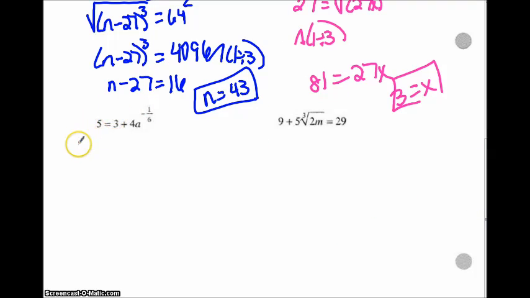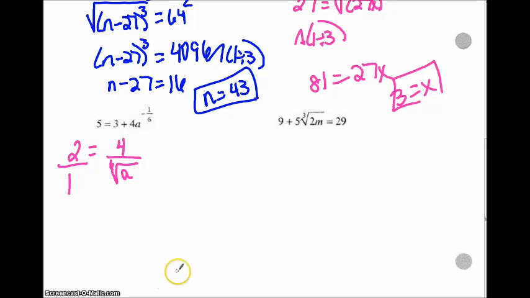I would move my 3, so 5 minus 3 is 2, is equal to, 4 does not hold that. Okay, 4, it's going to be 4 times a to the negative 1/6. I missed out on that negative. So let's think about it. What does a negative exponent mean you have to do? It means it's going to go on the bottom. So it becomes 4 over the 6th root of a.